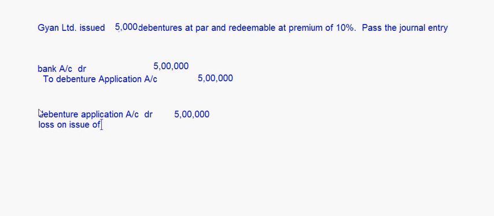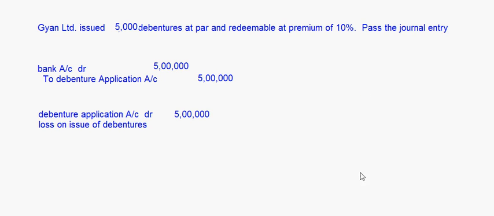Loss on issue of debentures. Here it is 5,000 into 10. On each debenture, the premium is 10 rupees.